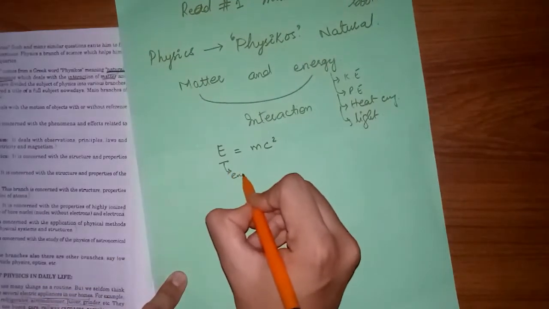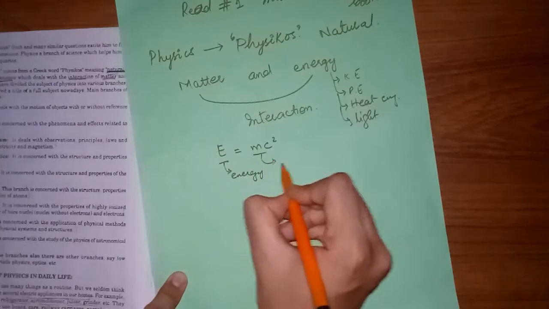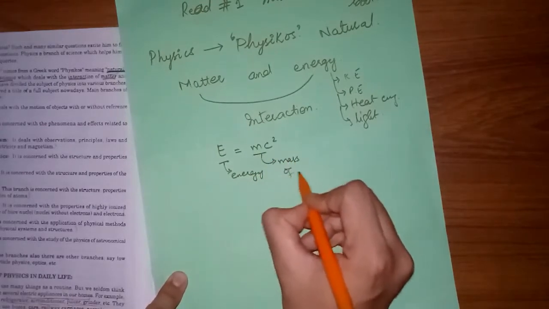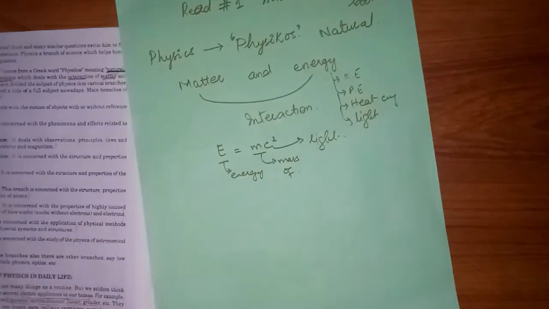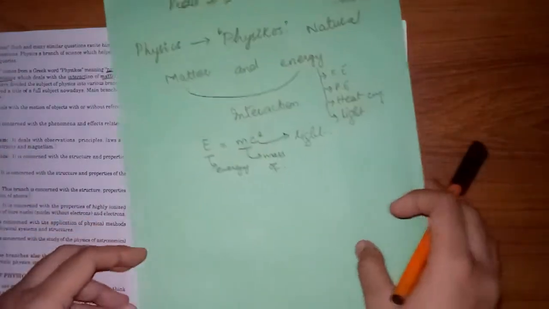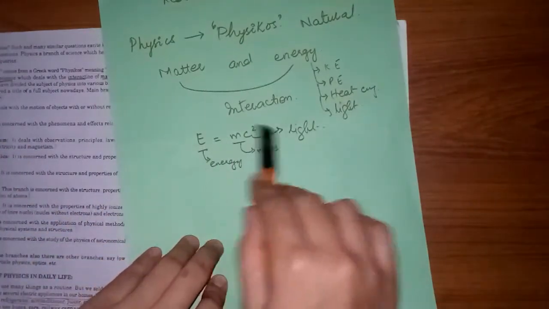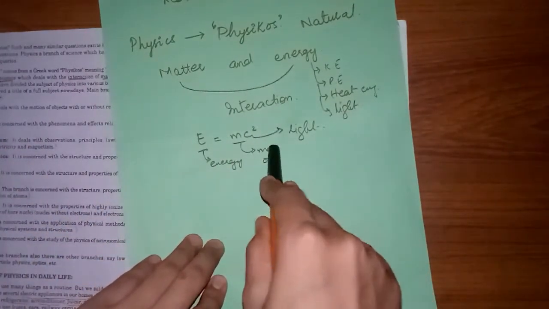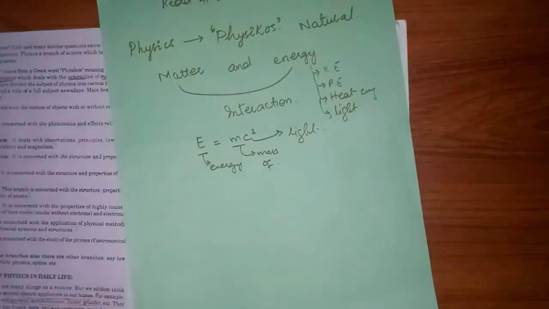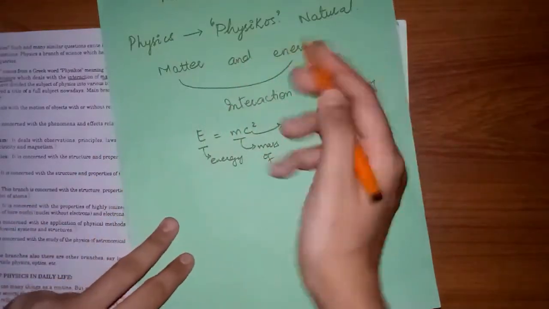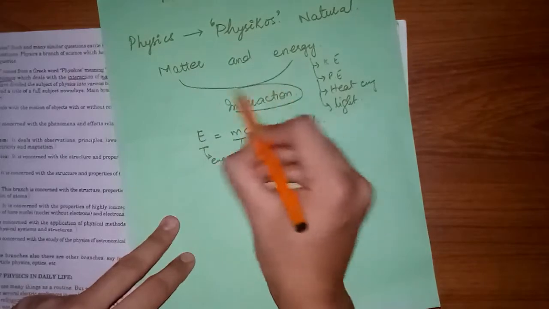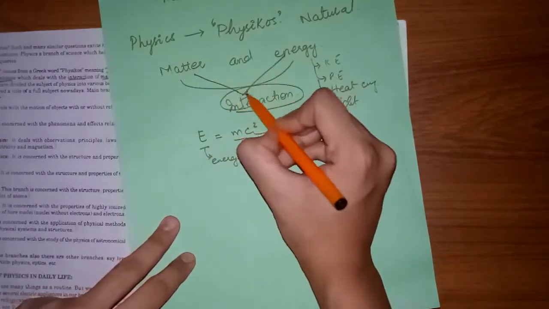E is the energy, m is the mass of matter, and c is the speed of light. It says that we can find the value of energy if we multiply the mass of matter with the square of the speed of light. So just keep two things in mind to learn the definition of physics: it is the interaction between matter and energy.